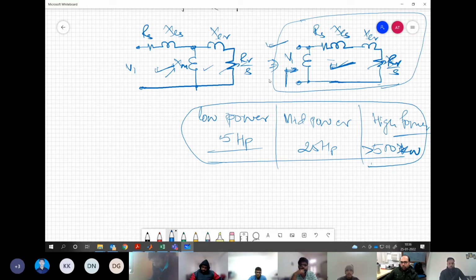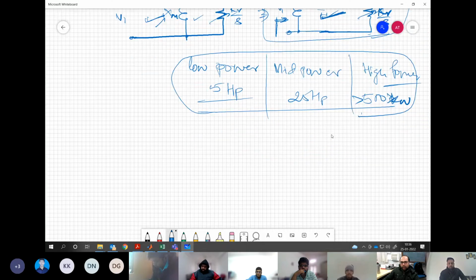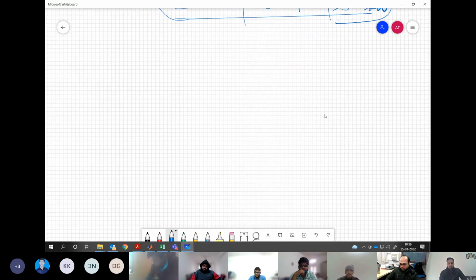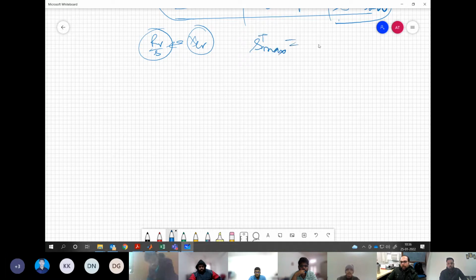One common mistake which many people have made is that whenever they start computing from the approximate circuit, they simply take RR by S and XLR alone for the computation. So many times they come up with the maximum slip as RR by XLR. If you see some common places, you will find this mistake.